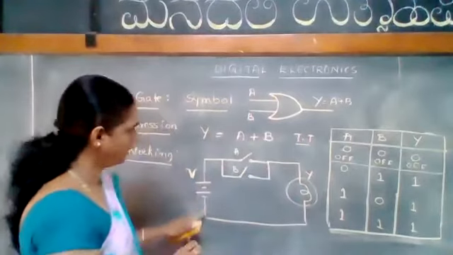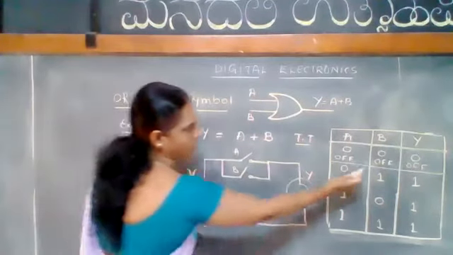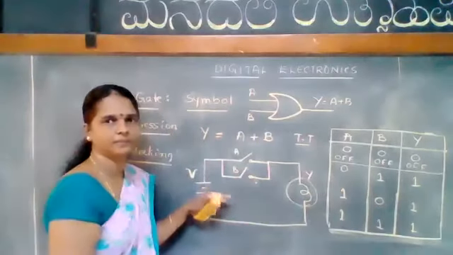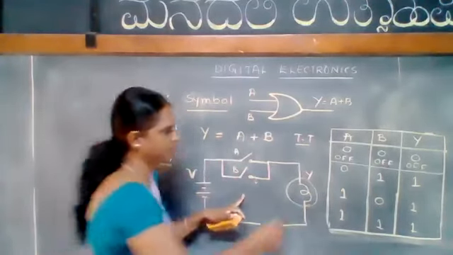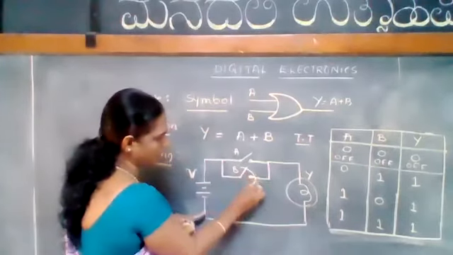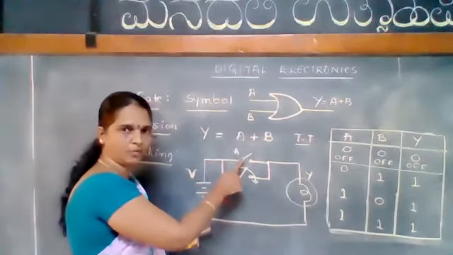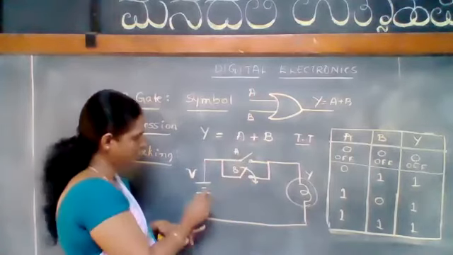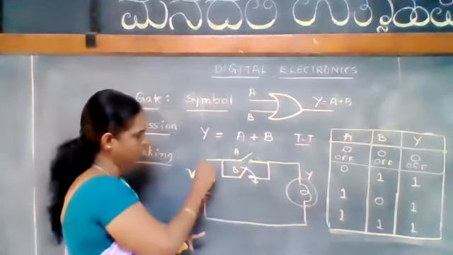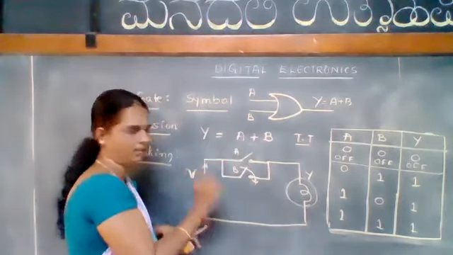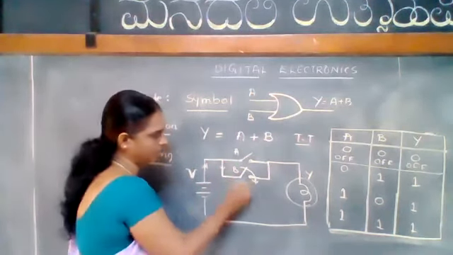What happens when you close B? For this condition you are closing B, keeping A open. Now the current from this source starts to flow. There is no path at A, but it has a path because B is closed.